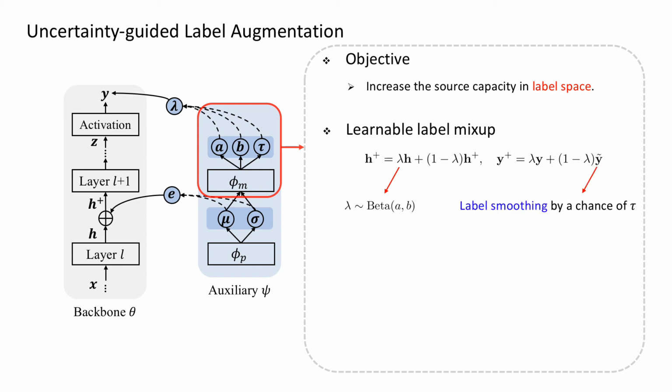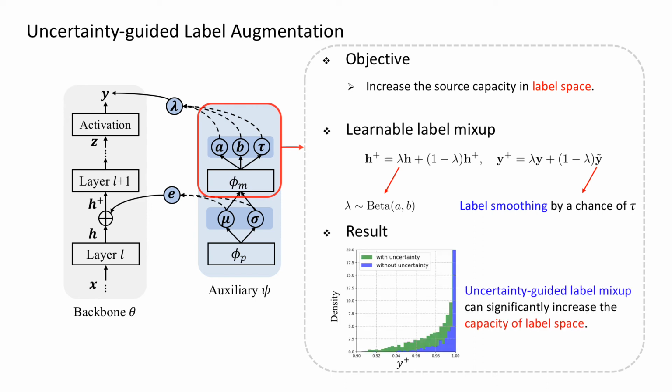Specifically, we create soft labels through label smoothing by a chance of tau. We visualize the density of label augmentation. We can see that the learnable label mixup can significantly increase the capacity of label space.